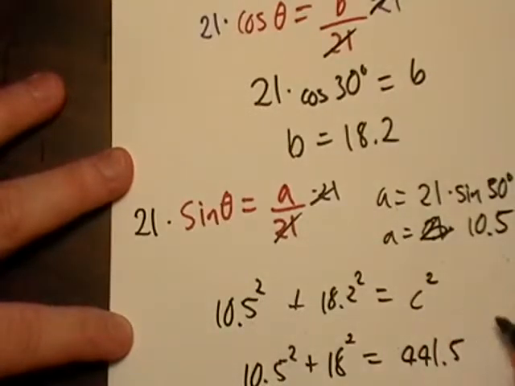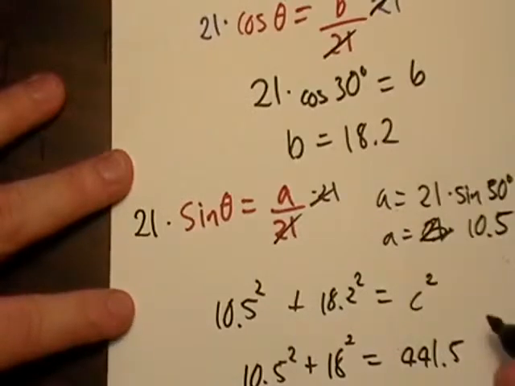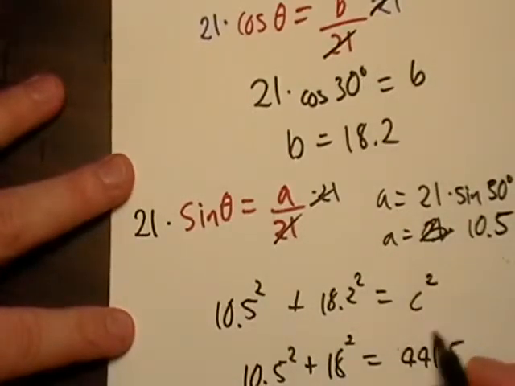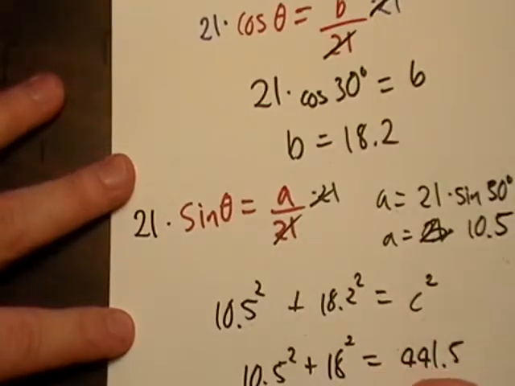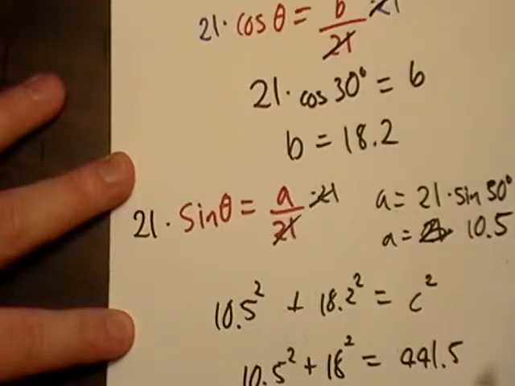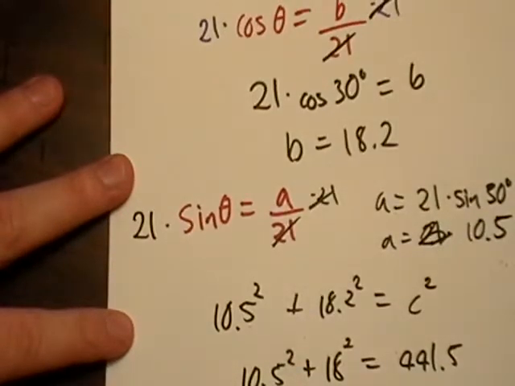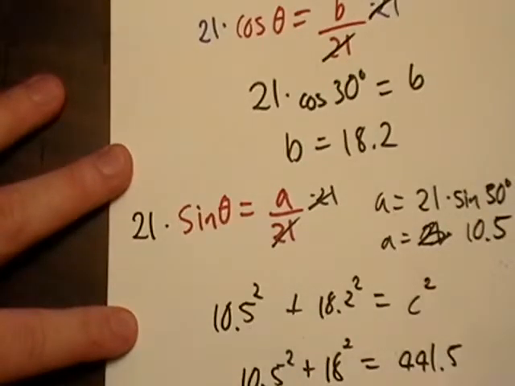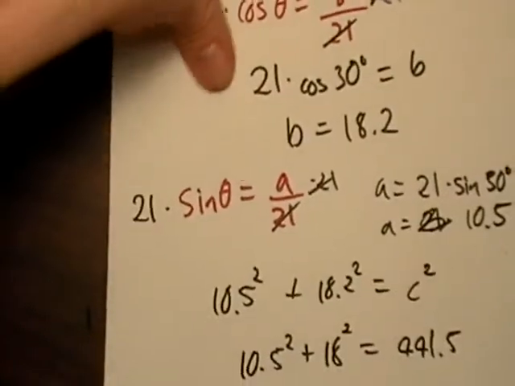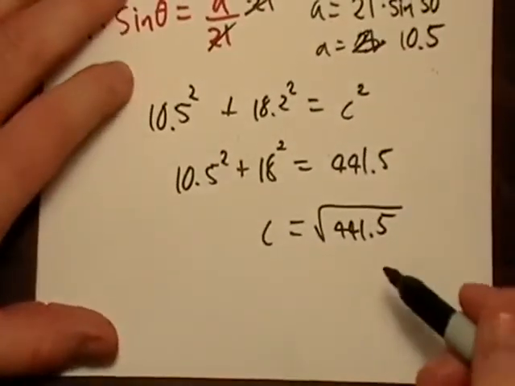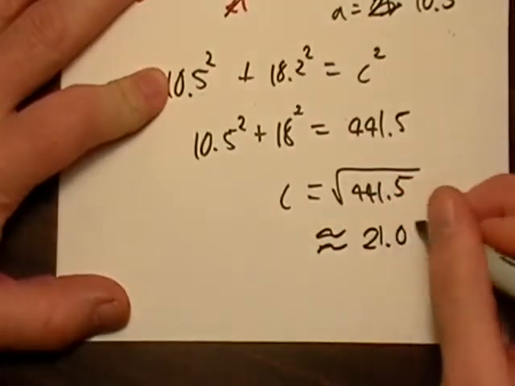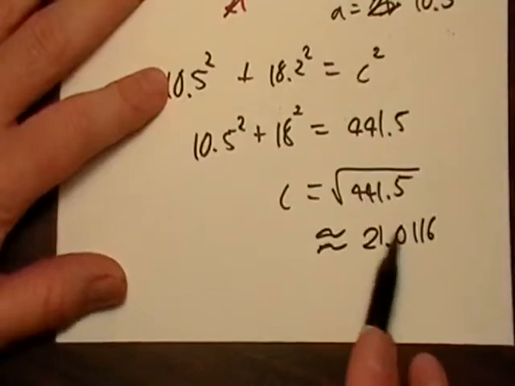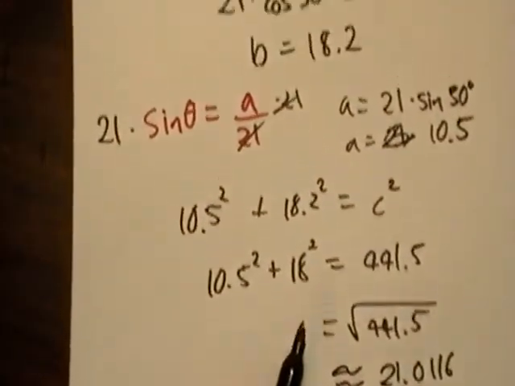I'm just going to estimate it. So that's A squared plus B squared, and C is going to equal the square root of that. That comes out to be approximately 21.0116. I told you it was going to be a number like that because we rounded. But there we go.